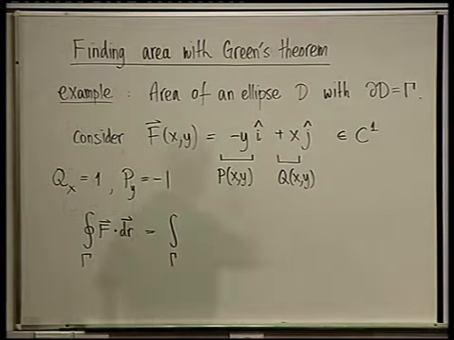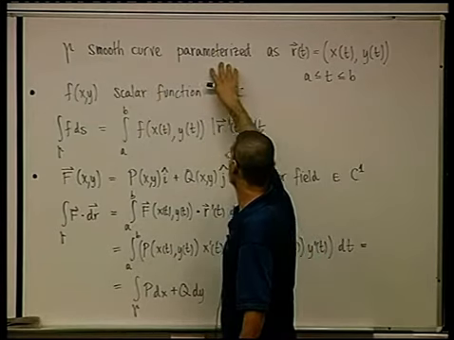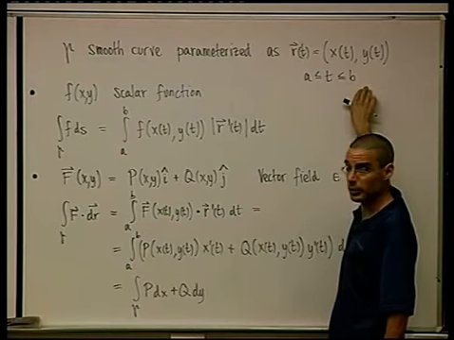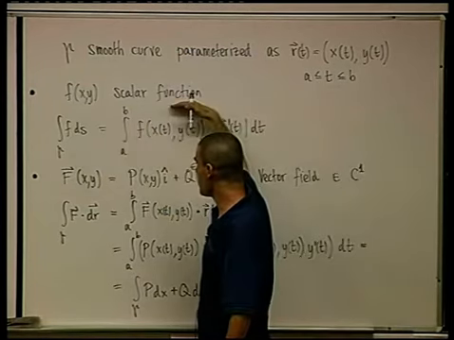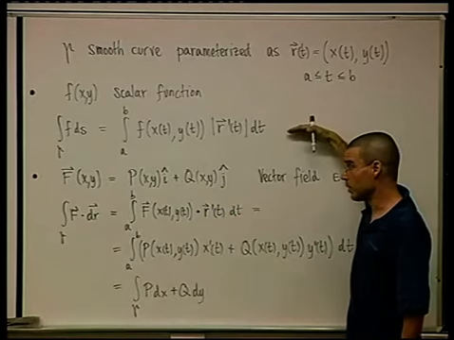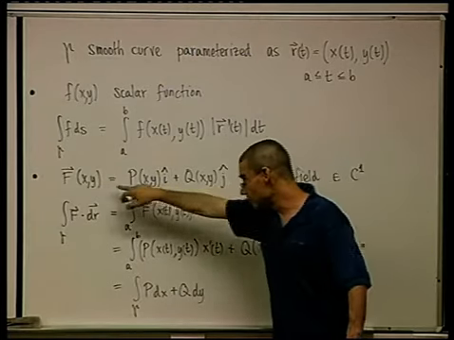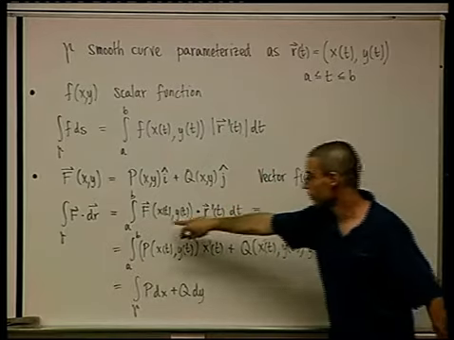If gamma is a smooth curve, parameterized by r of t equals x of t, y of t, and I'm only looking at planar curves now, then we discussed the integral of a scalar function, which I'm not going to go over right now because that's not what I want to use, and the integral of a vector field (P, Q), which was this thing.